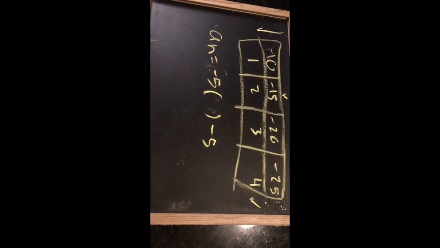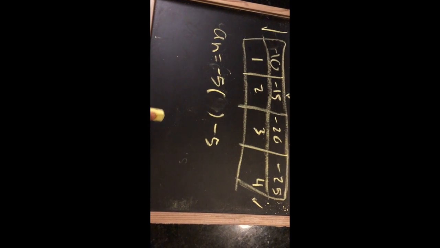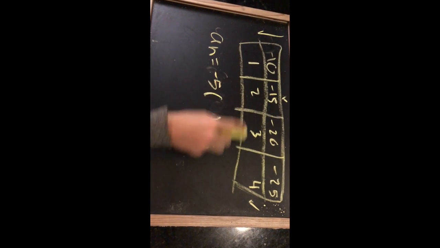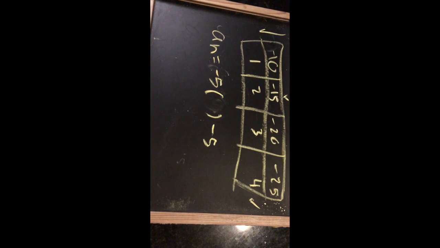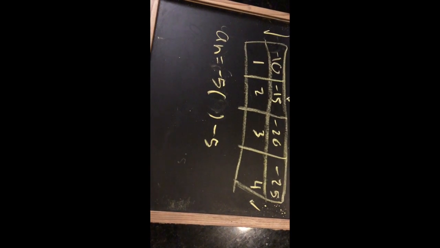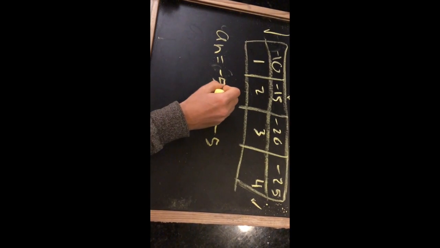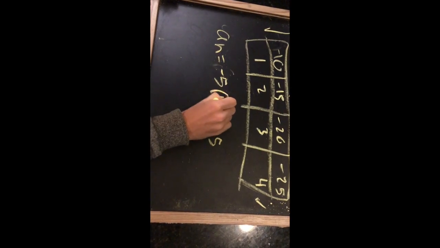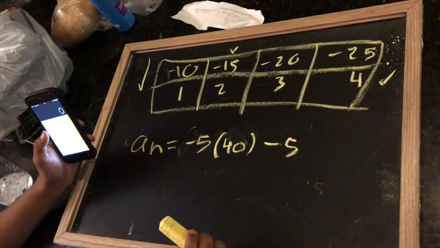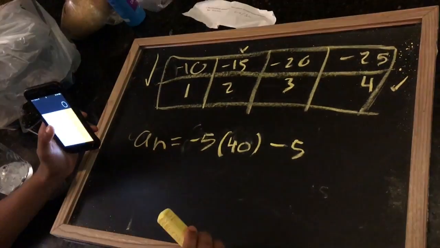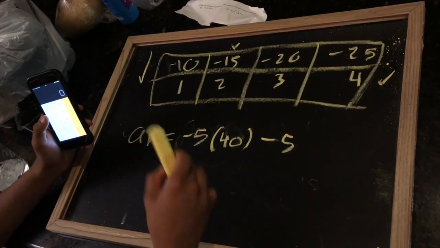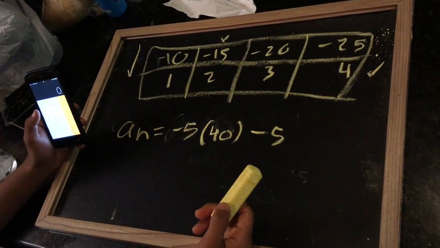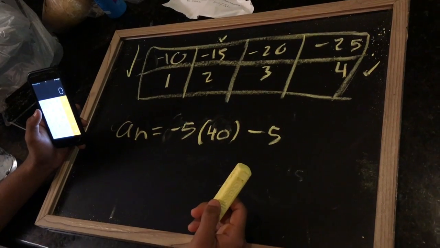After confirmation that our equation was correct by plugging in a couple of terms such as 1, 2, and 4, we are now asked to find the 40th term. And my partner Luis here will demonstrate after I just plug in the term 40 into his equation. Now there's another way to do this, and that's by just adding up our difference, which is -5, but that'll take forever.